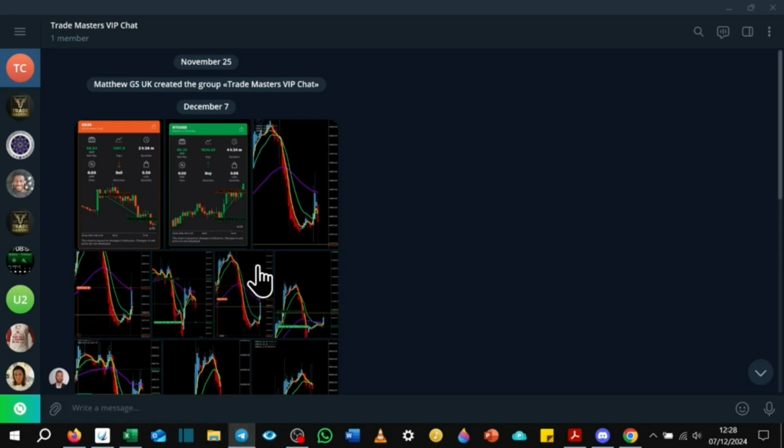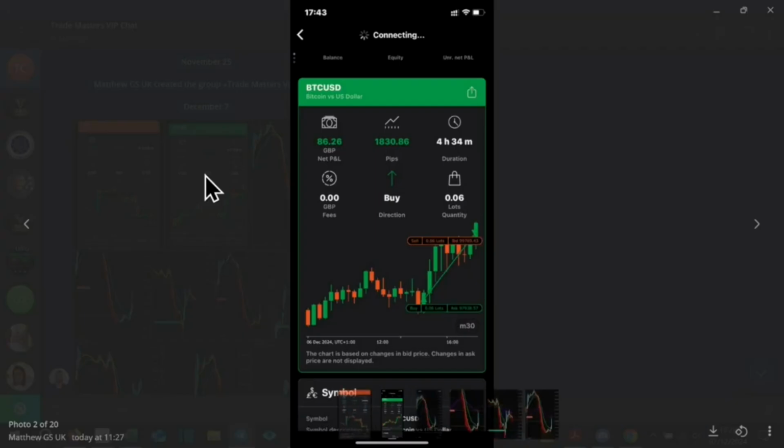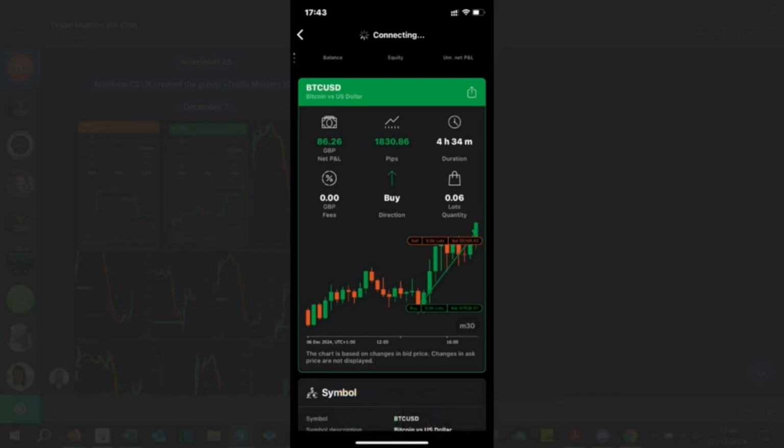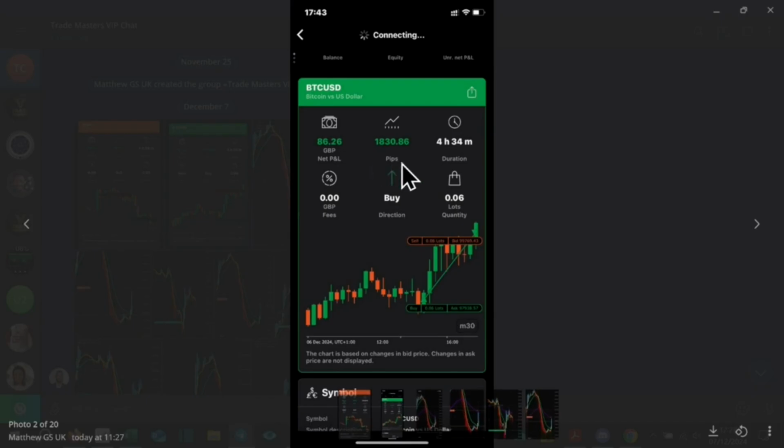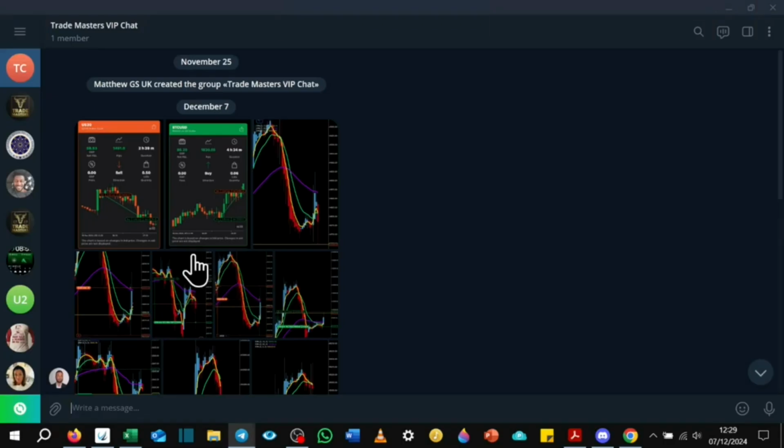And I just want to show you, so this was that exact Bitcoin trade there. Again, this is on my demo account. As you can see, 1,830 pips was banked. It shows the lot size that I was using, and it tells you where I got in actually. So you can see that 97938.